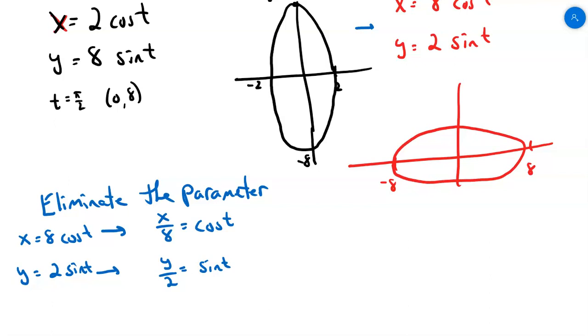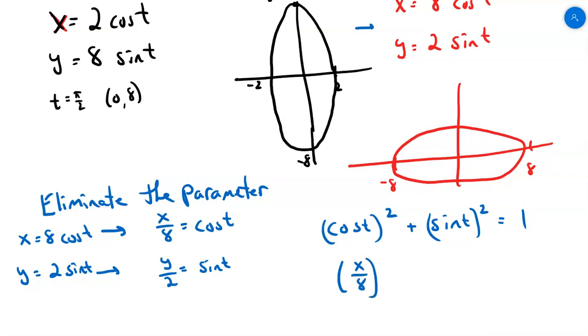So here's something that I know. I know that the cosine of t squared plus the sine of t squared is equal to 1, right? Pythagorean identity, sine squared plus cosine squared equals 1. Well, let's take that cosine and replace it with an x over 8 because we said over here that the cosine is equal to x over 8. So I get (x over 8) squared plus, let's replace that sine with a y over 2.